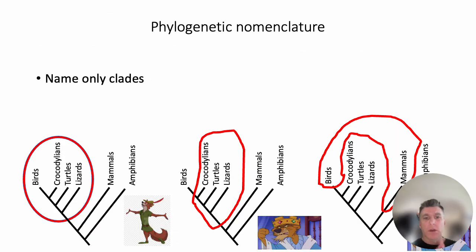All right, so what are the rules for de Queiroz and Gauthier's phylogenetic nomenclature? The first rule is utterly uncontroversial today. Maybe as recently as 30 years ago it was not, but today everyone agrees that the higher level groups you want to name should be clades.